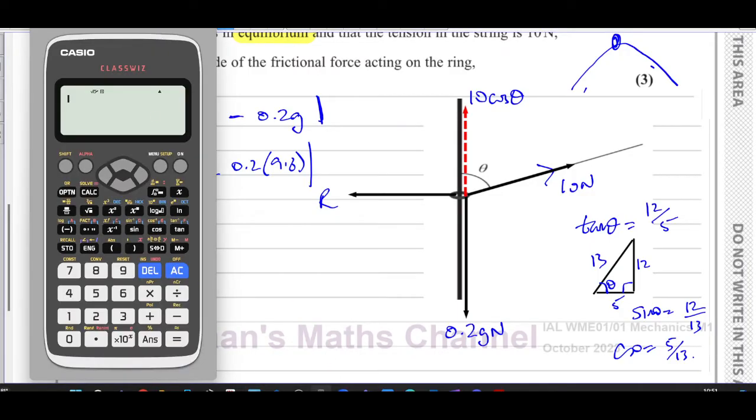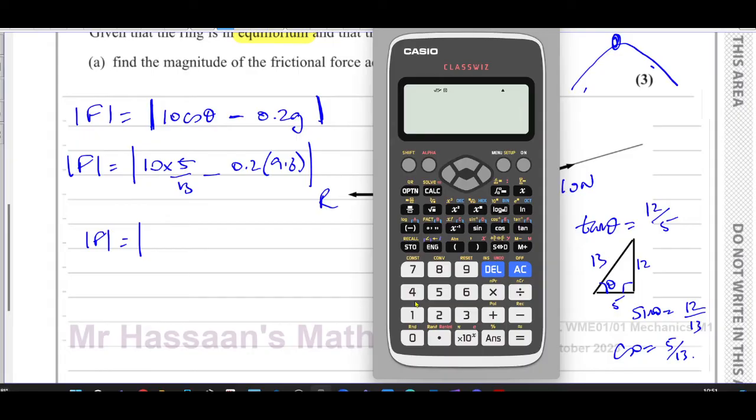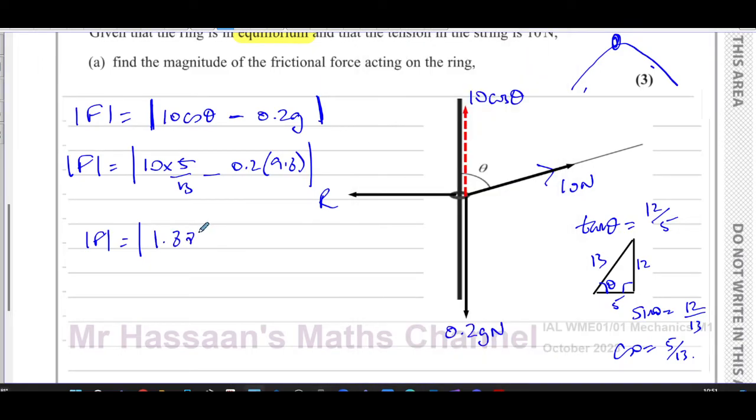Let's work that out. 10 times 5 over 13 is 50 over 13, minus 0.2 times 9.8, which gives us 1.886, which is basically 1.89 newtons.